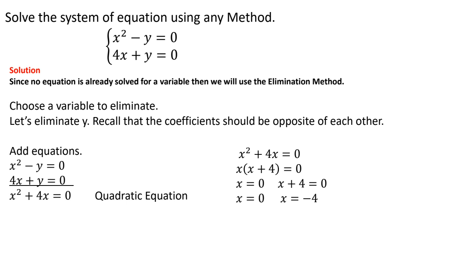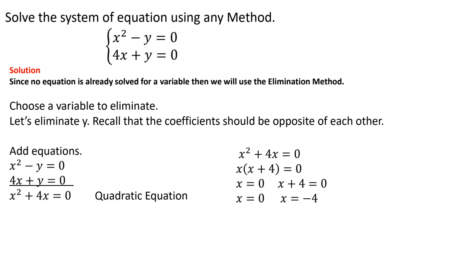If I factor out the x from x squared plus 4x, it gives me x times x plus 4 is equal to 0. When I have a product of two numbers, the only way that I can get 0 is if either x is equal to 0 or x plus 4 is equal to 0. So again, this one's easy. x is equal to 0, but to solve for this other x, I subtract 4 on both sides, so x is equal to negative 4.